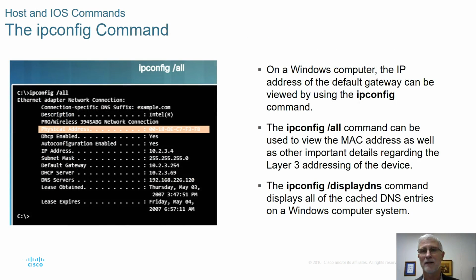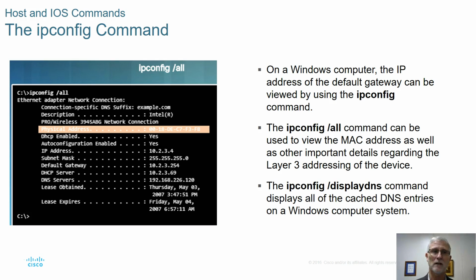Now, I shouldn't say all, but I think in this semester you've looked at the ipconfig command to figure out what your current IP address was. To get the MAC addresses, you'd use ipconfig /all. But you could also use the ipconfig /displaydns command to show what DNS entries are on the current Windows computer you're on.